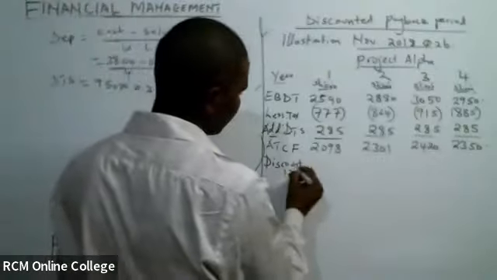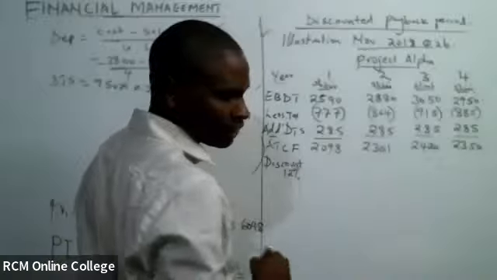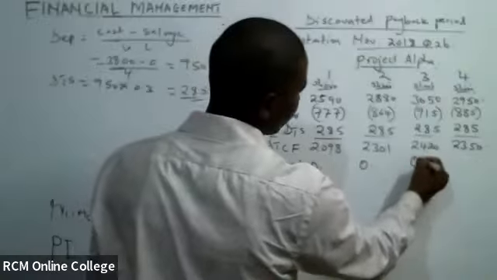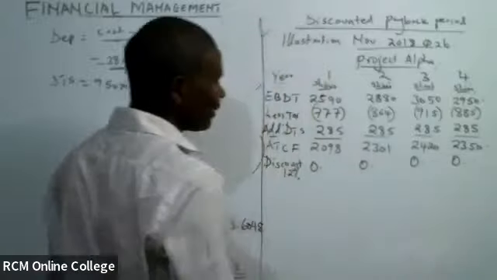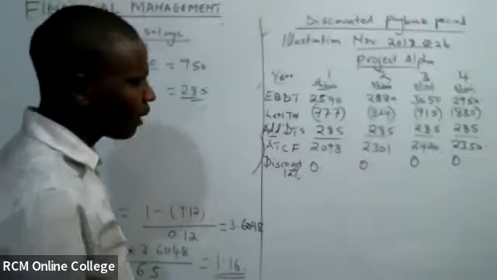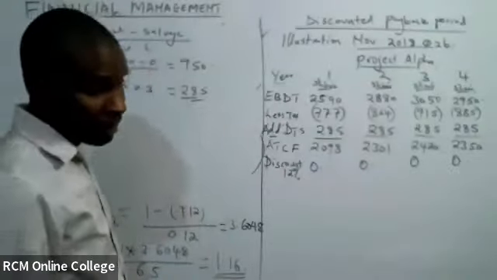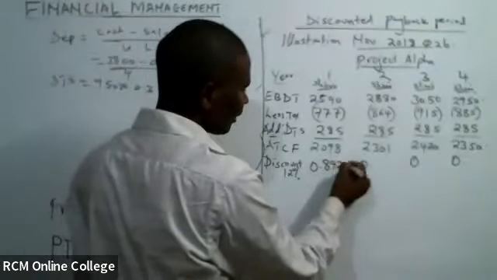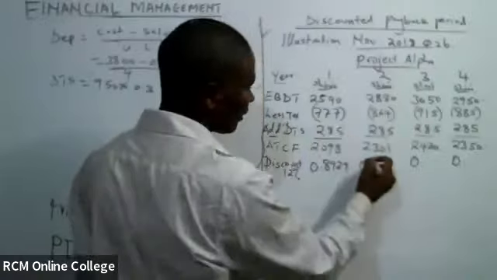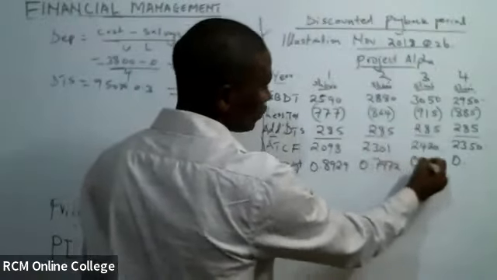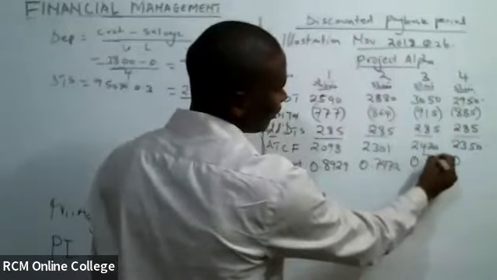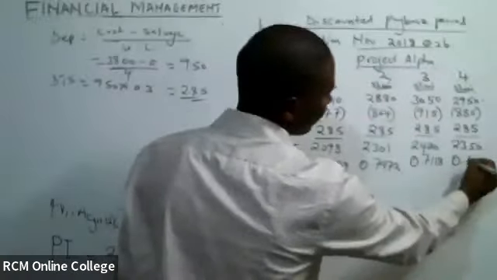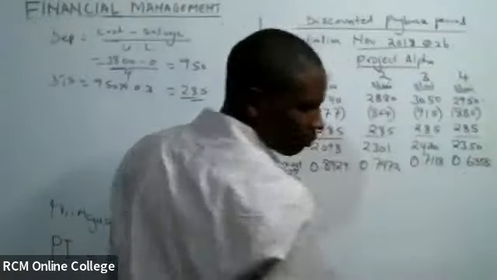These cash flows are irregular, therefore we use the discount factors. At 12%, the first is 0.8929, the second is 0.7972, the next is 0.7118, and the last is 0.6355.